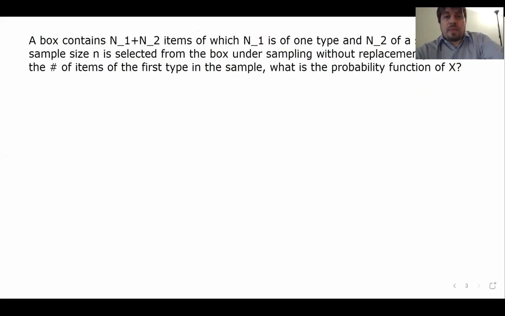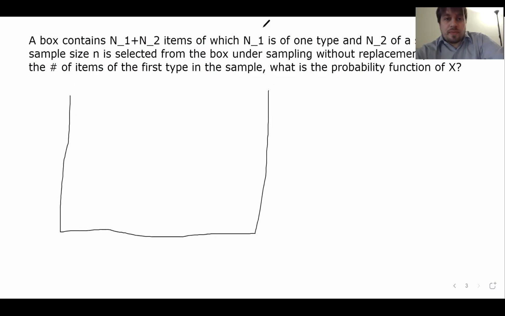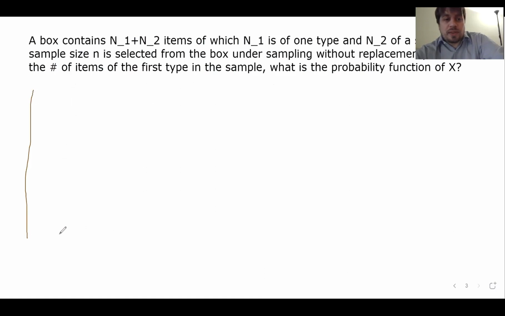So you have a box. There's one box. I want my box to be brown. I'm very particular about the details of my boxes. This is the box, brown for box, and it's split into two separate sections.